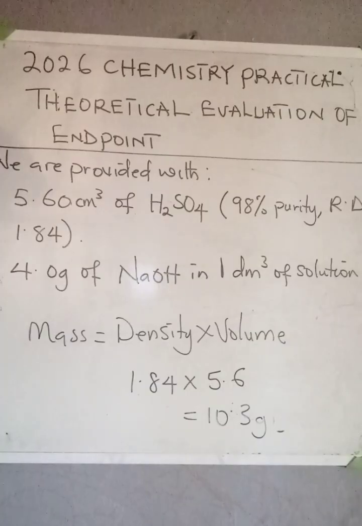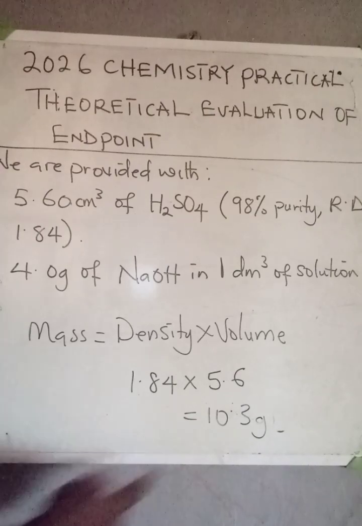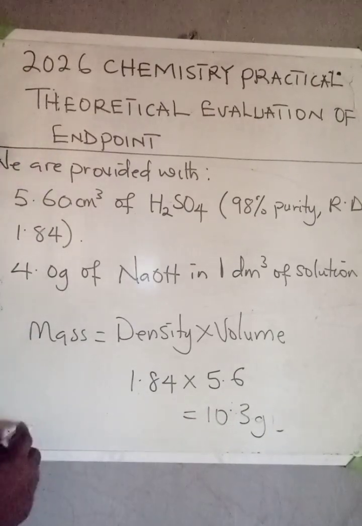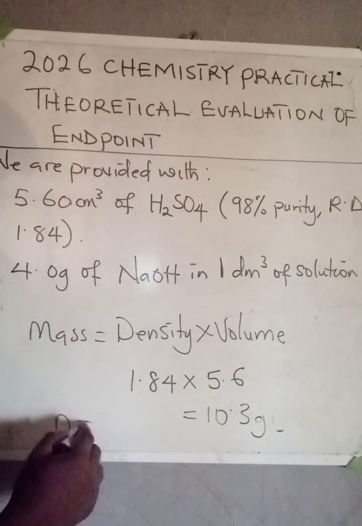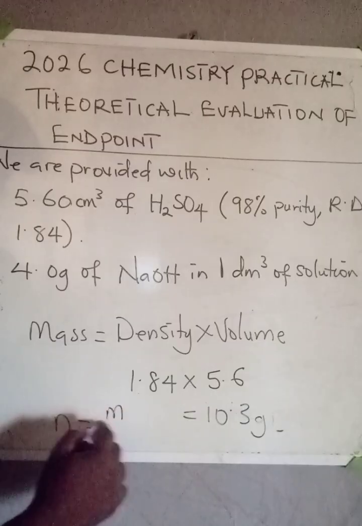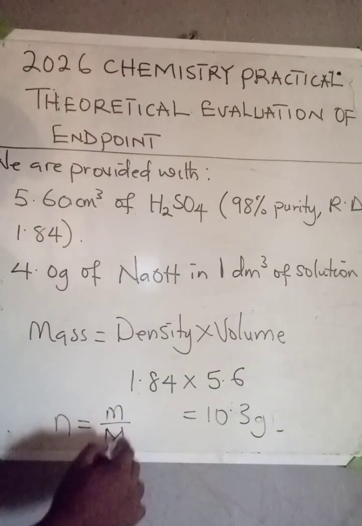Now the second step of our calculation will be for us to convert this mass that we have gotten to mole. Of course, you know that mole is equal to reacting mass over molar mass.